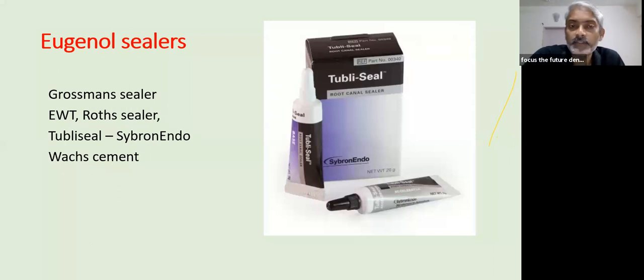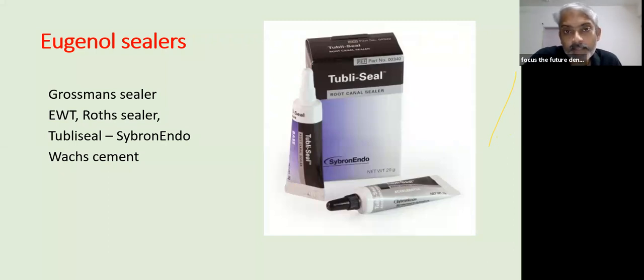The main disadvantage with eugenol is that if it touches the canal walls, later, if you are trying to bond a composite, like a post and core or a core buildup with a composite, your composites may not work. So the advantage of eugenol is that even if a little bit of pulp tissue is remaining, that pulp tissue becomes numbed or sedated because of eugenol sealers. The post-operative discomfort for the patient is much less with a eugenol sealer.